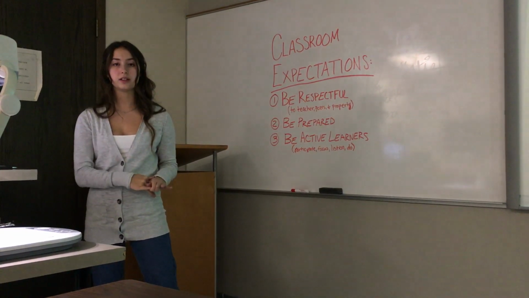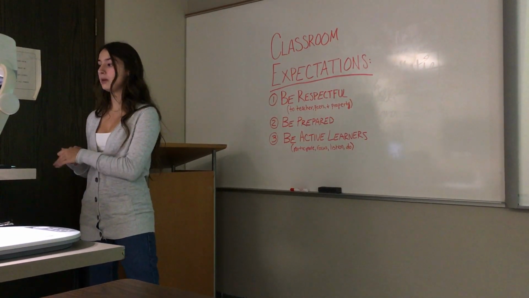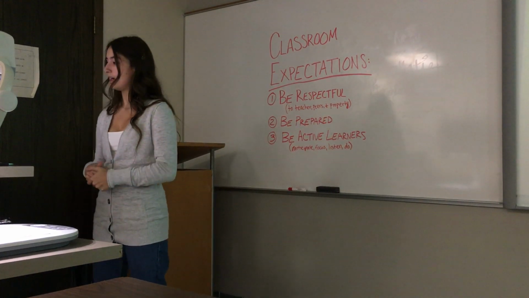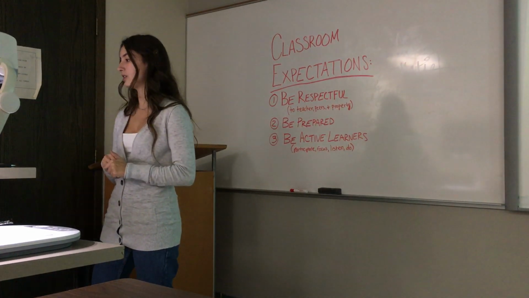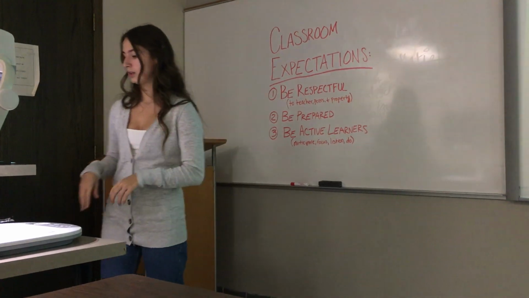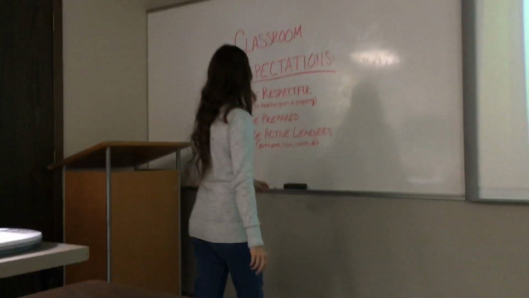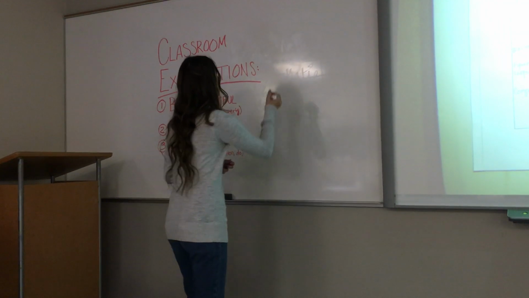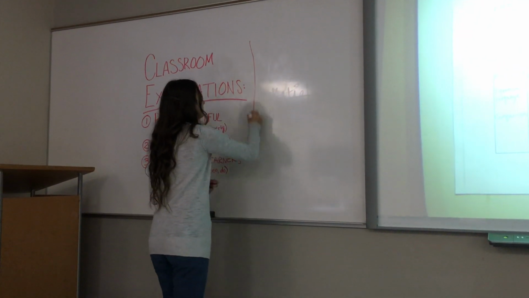After I check your sentences and they are okayed by me, trade papers with your table partner and see if you can identify and write which sentences are examples and which is the non-example. So I'll give you guys time to do that right now, and I'll even write it on here so you guys remember what you're supposed to be doing.